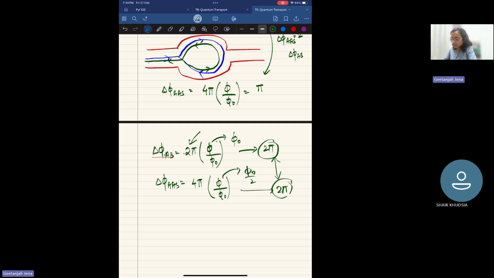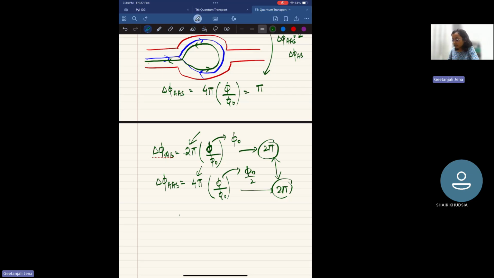So that is why if phi is phi 0, the relation or the graph will repeat. But for the AAS effect, it is 4 pi, it is 2 times 2 pi, right? So even if you take half of phi 0, we'll get 2 pi and the expression will repeat.